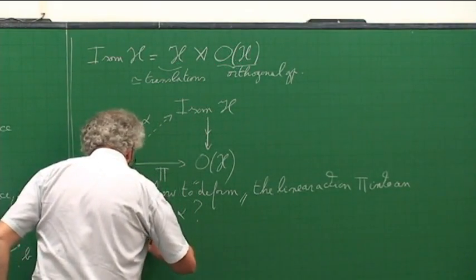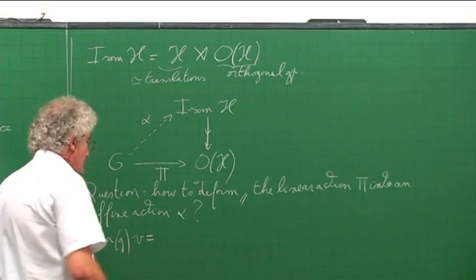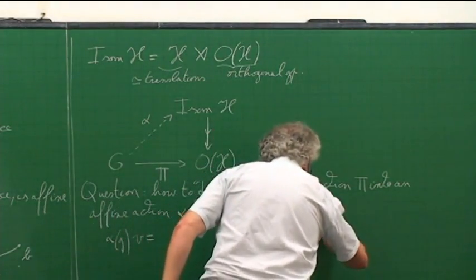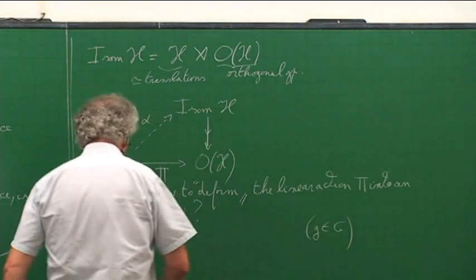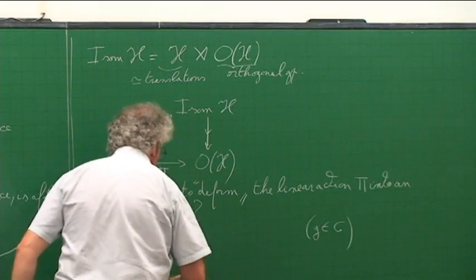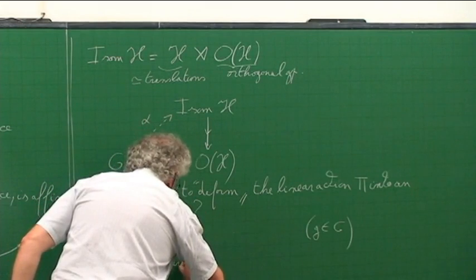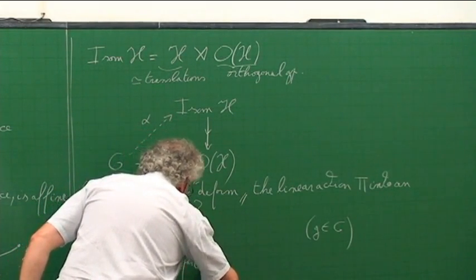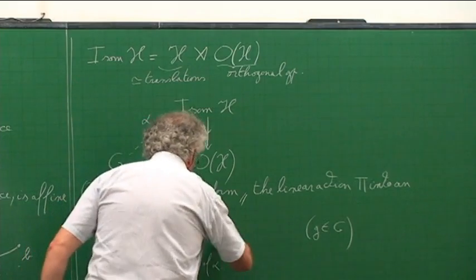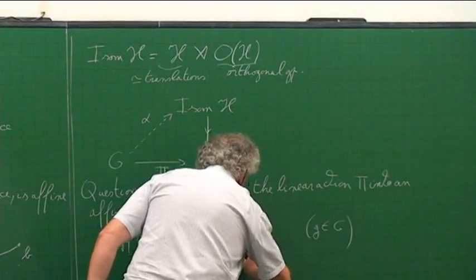So this means that every affine transformation alpha of g, where g is a group element, will be written alpha of g applied to v equals pi of g v plus b of g. So pi of g is the so-called linear part of alpha, and b of g is the translation part.